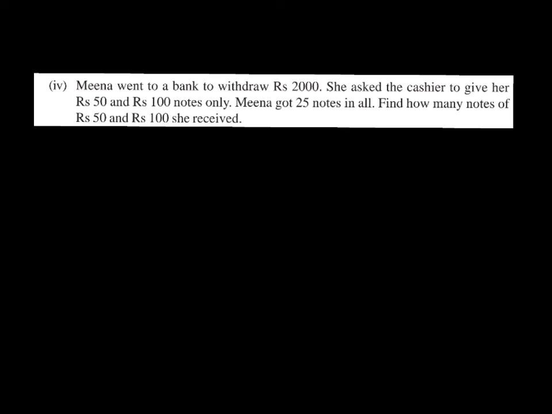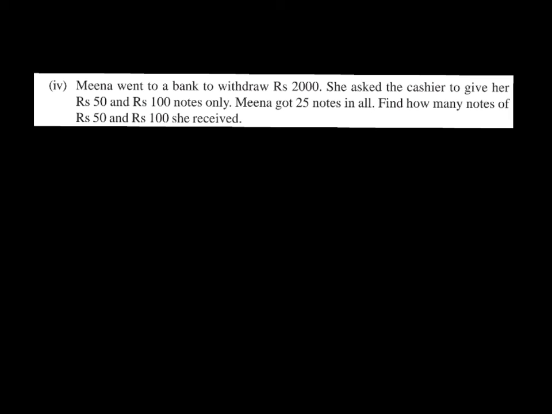Let's try this. Meena went to a bank to withdraw 2000 rupees. She asked the cashier to give her 50 rupee and 100 rupee notes only. Meena got 25 notes in all. Find how many notes of 50 rupees and 100 rupees she received.